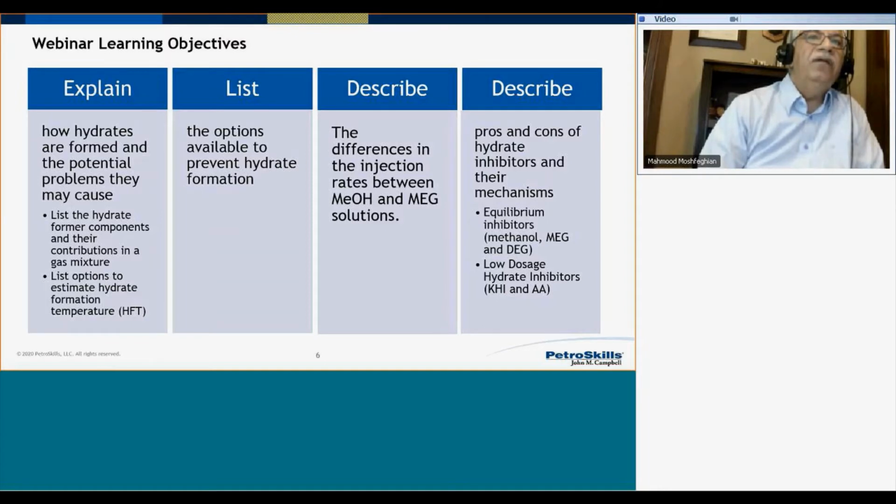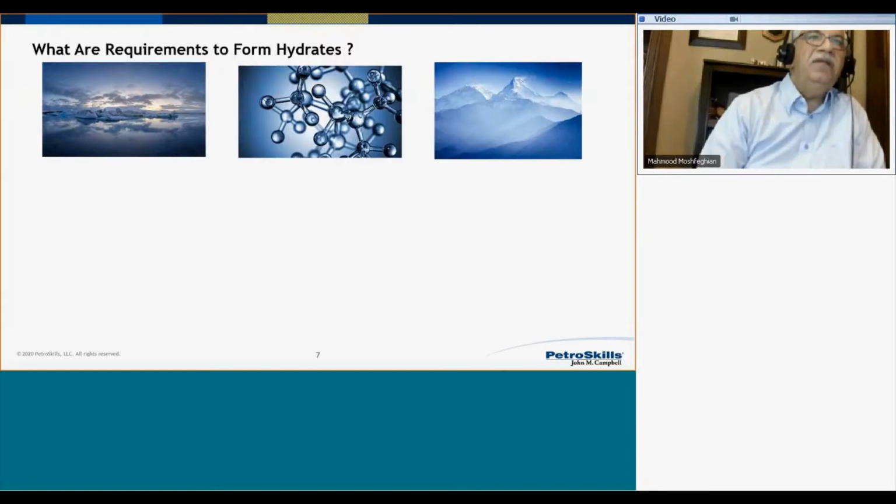Also, we're going to describe the difference in the injection rates between methanol and MEG solution. These are two equilibrium inhibitors that are commonly used. We also describe pros and cons of hydrate inhibitors and their mechanism. Emphasis is going to be on equilibrium inhibitors as well as low dosage hydrate inhibitors like kinetic hydrate inhibitor and anti-agglomerate. With that said, let's see what the requirements are to form hydrates.